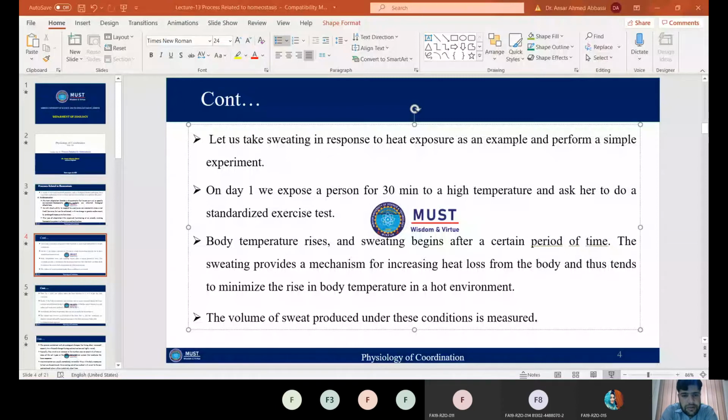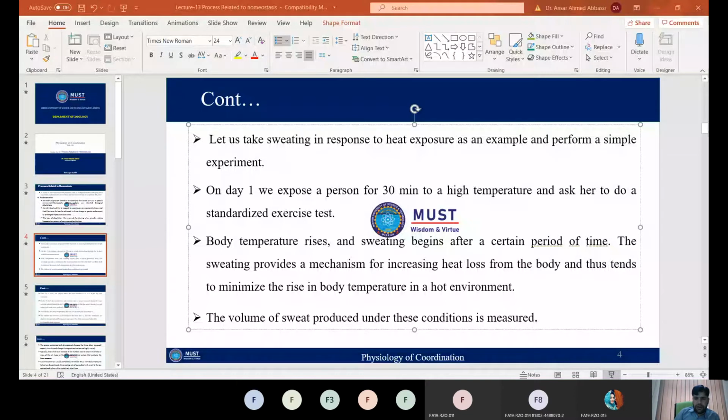On day 8, the body temperature and sweating rate are again measured during the same exercise test which was performed on day 1. The striking difference, the important point, is that the subject begins to sweat earlier and much more profusely than he did on day 1.